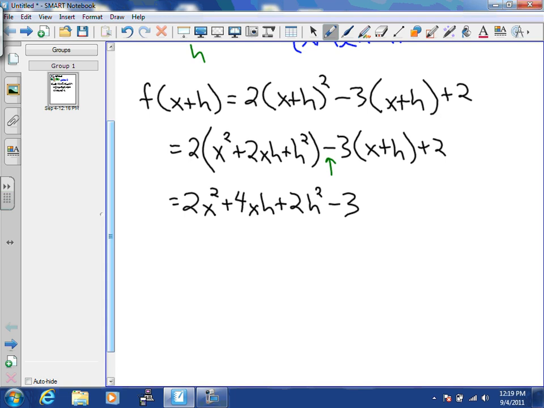That gives me minus 3x and minus 3h as well. And then I got plus 2. That is basically all that we can do. We can change the order if you want to, but that is basically what f of x plus h is. So I'm going to leave it like that.